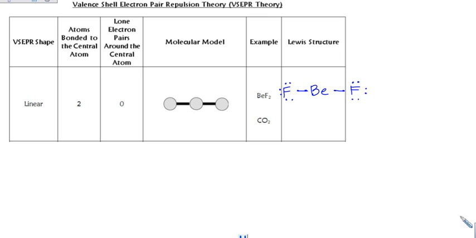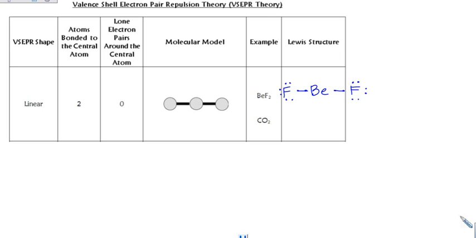They're called deficient octets. Beryllium is a good example. We don't have any more electrons to give the beryllium, so he's going to have to deal with 4. And in the end, it's okay. The beryllium is stable with just his 2 valence electrons bonded. So you don't have to overthink them. You link on the 2 fluorines, it's a done deal. That's all the electrons we have. Beryllium is a deficient octet.